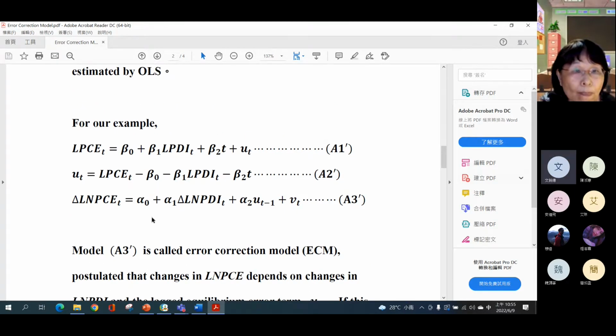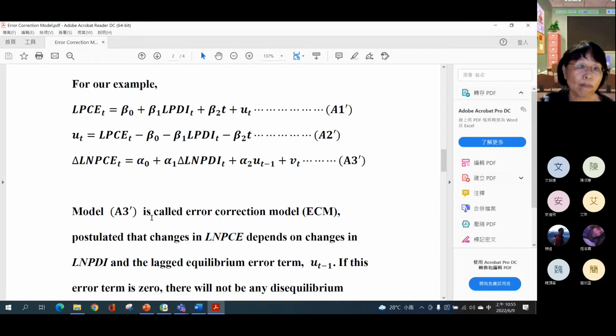When we run the model, they're removing the constant, like the C factor. You mean this one, the one I just showed for the A1? They are removing beta 0?